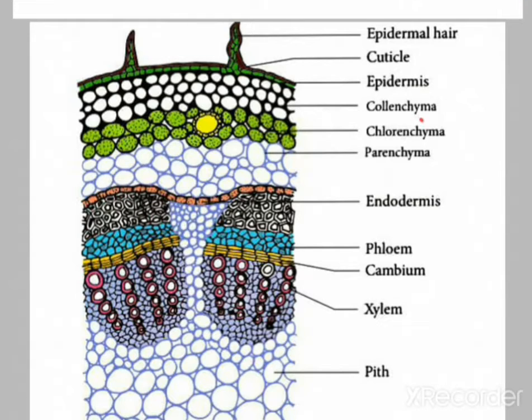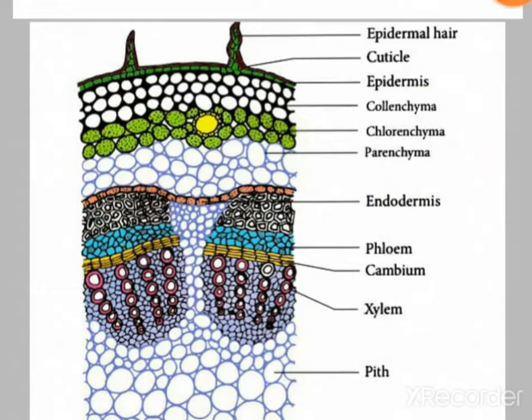First, below the epidermis, a few layers of collenchyma forms the hypodermis. Students, what is meant by hypodermis? Hypodermis is nothing but a few layers of collenchyma are found below the epidermis. Okay, it offers the mechanical support to the stem.